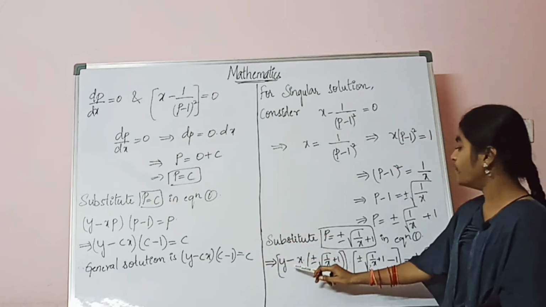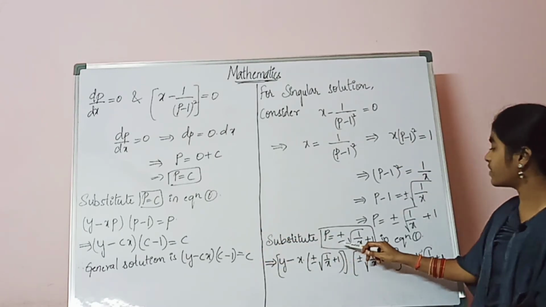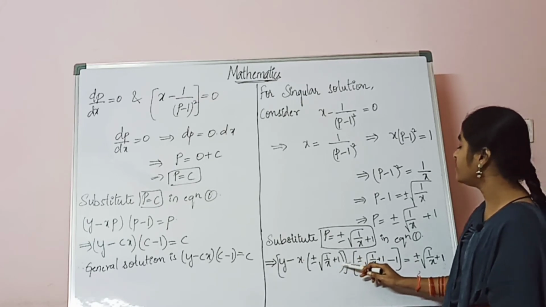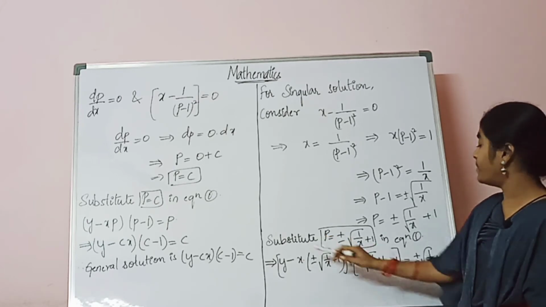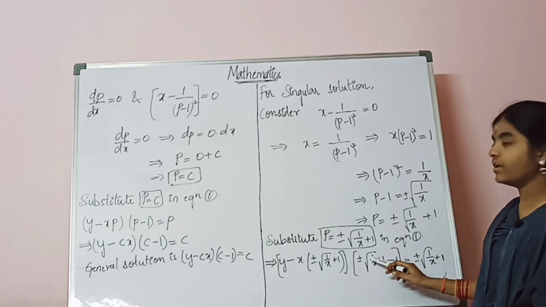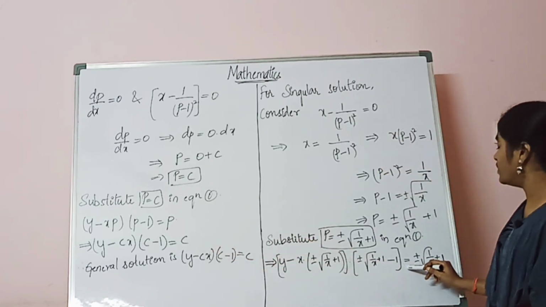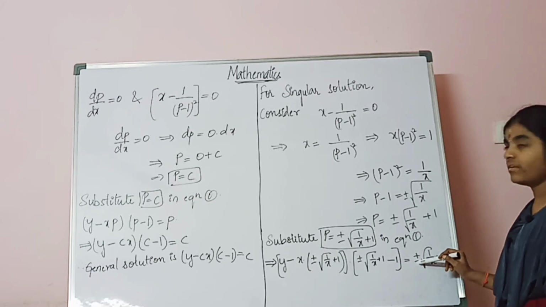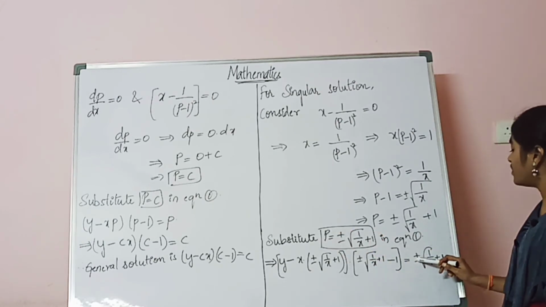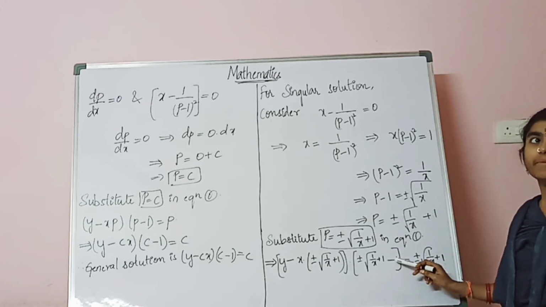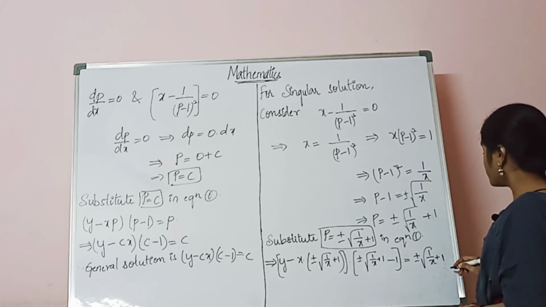So y minus x into (plus or minus root of 1 by x plus 1) into (plus or minus root of 1 by x plus 1, here again minus 1) equals plus or minus root of 1 by x plus 1. Here plus 1 minus 1 will be cancelled. So this is the answer.